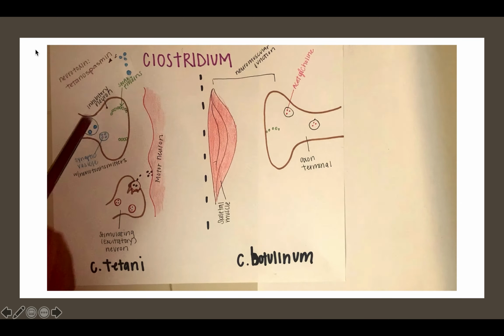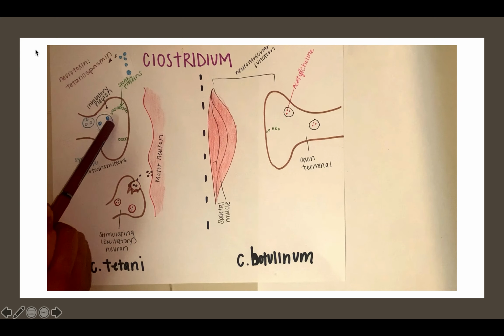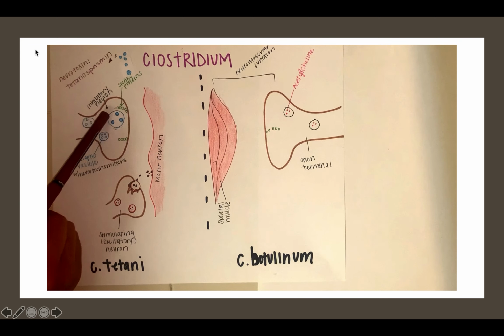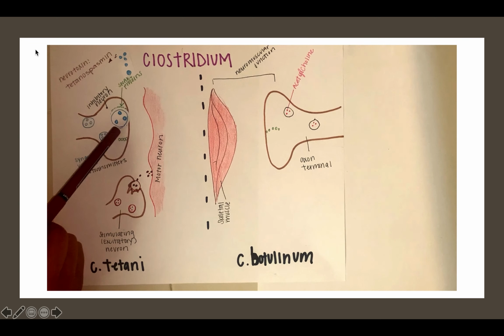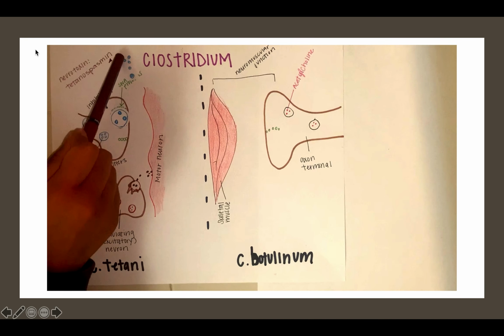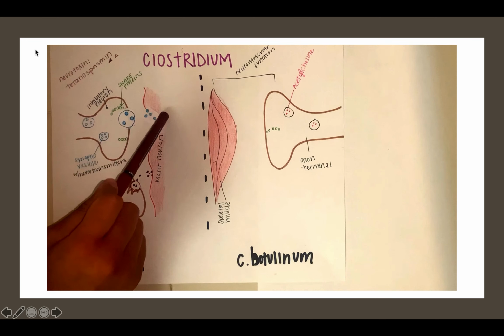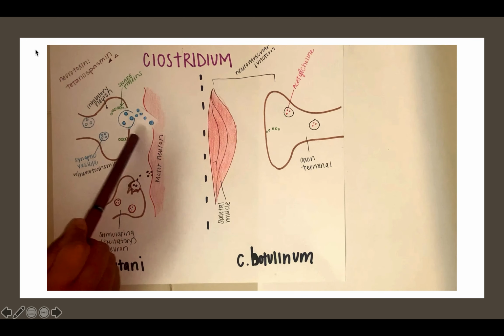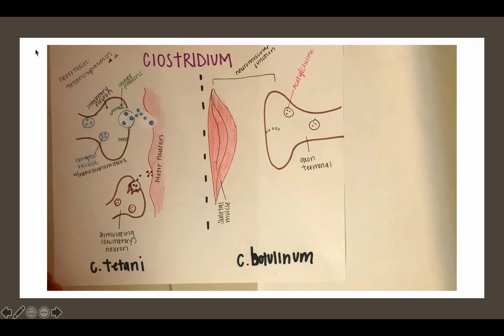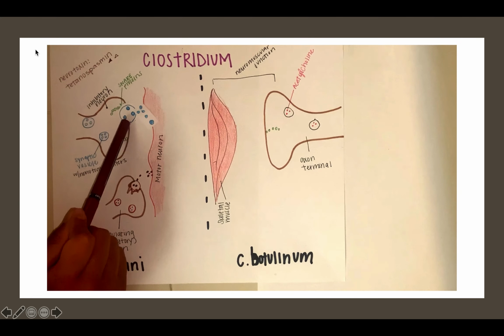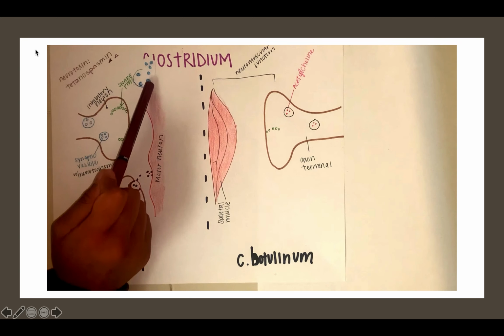So I have this vesicle, it's coming here. That snare protein is pulling this vesicle in and letting it spit out and then sending these neurotransmitters to the motor neuron. So that's how things normally happen.